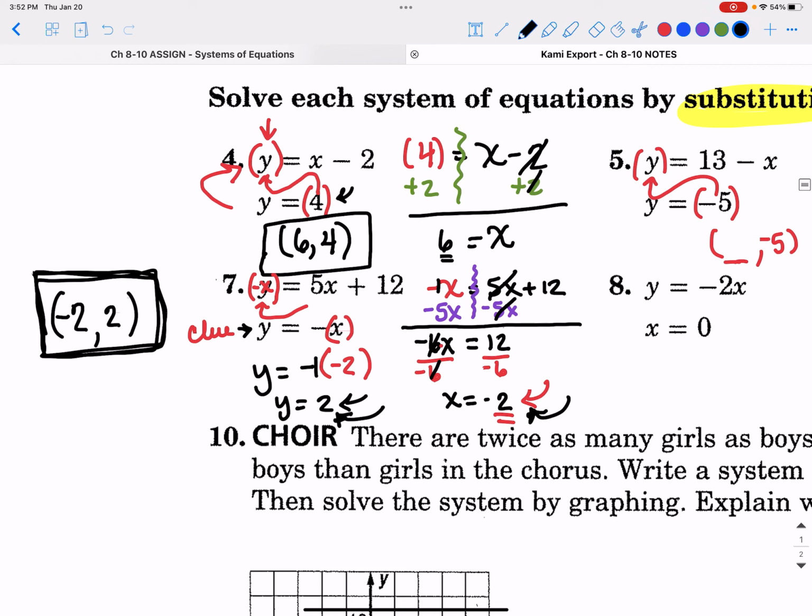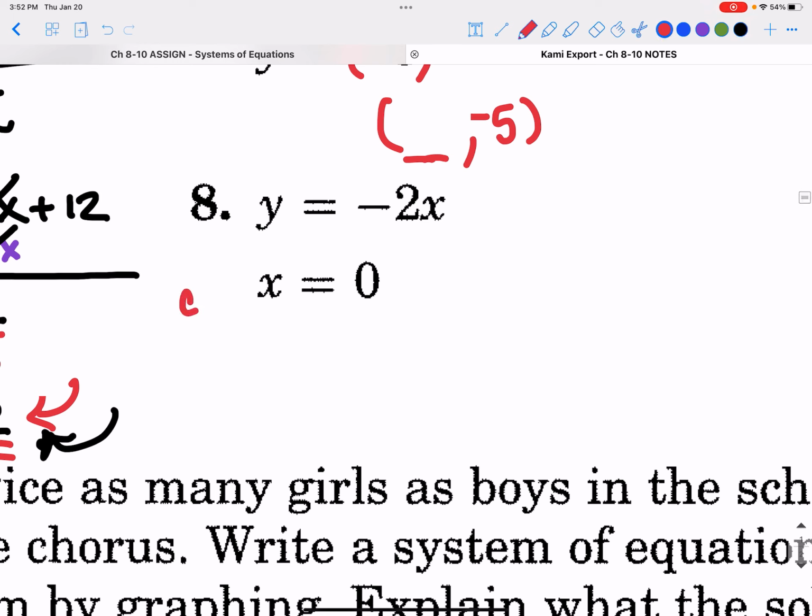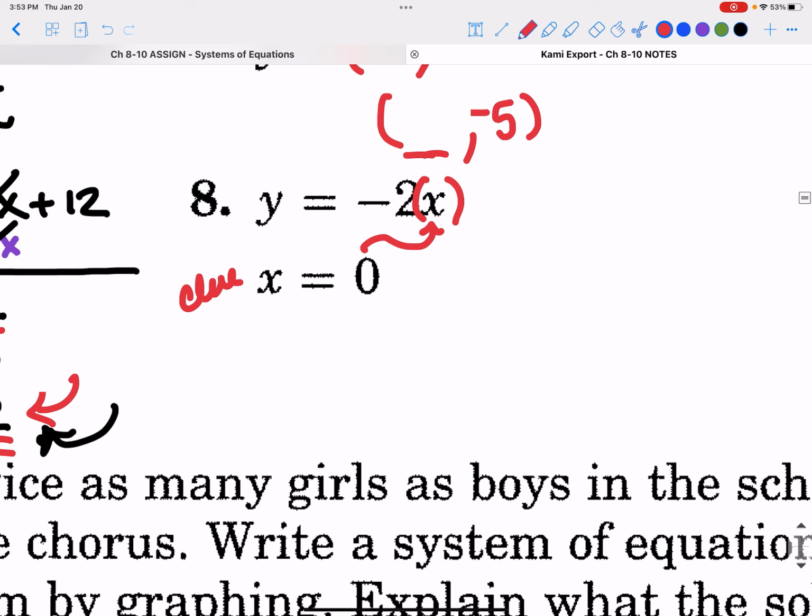You're given some information, you're missing some information, and you have to figure out what's the best way to find all that information, okay? So this time your clue, remember I said the simpler one is your clue. My clue says that x equals 0. So if x equals 0, I'm going to go up to my top equation, find the x, and substitute my clue that x equals 0 into the other equation where there's an x.